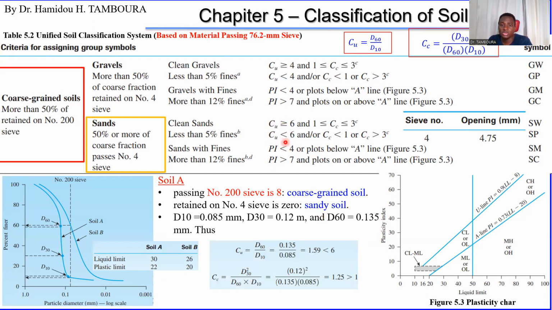And Cc is 1.25, which is higher than 1. So in this case, it means we have to check the existence of a double symbol.